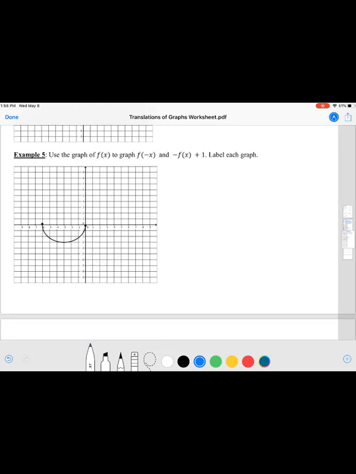Okay, last example for graphical examples. We're going to use our function f of x, and we're going to now practice reflections. When you take x and you multiply it by -1, that's this one here, that's going to be a reflection across the y-axis, because you're switching all the signs of your x value.